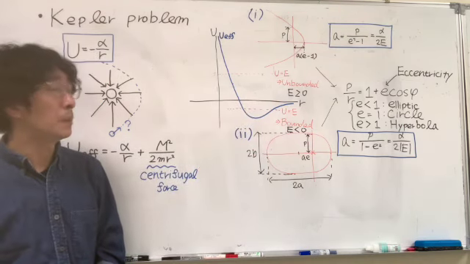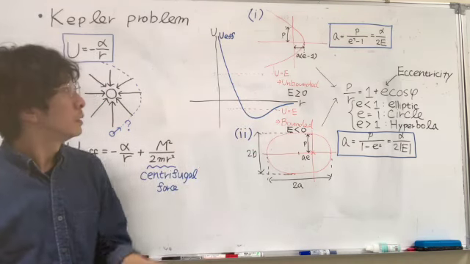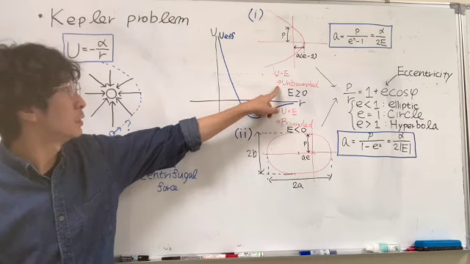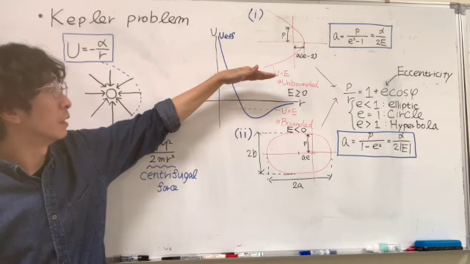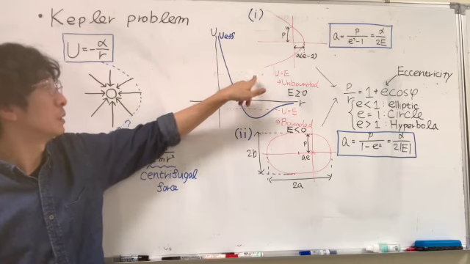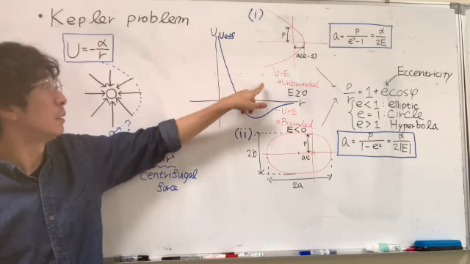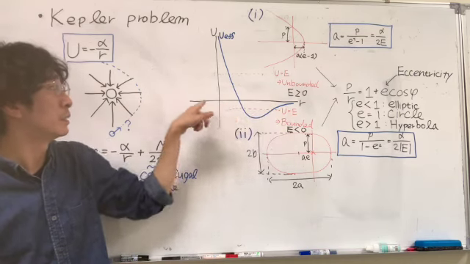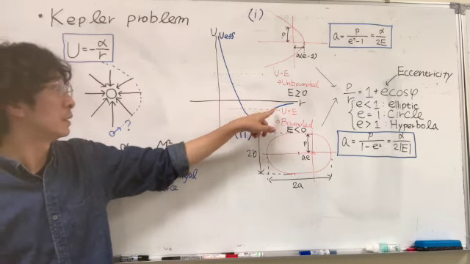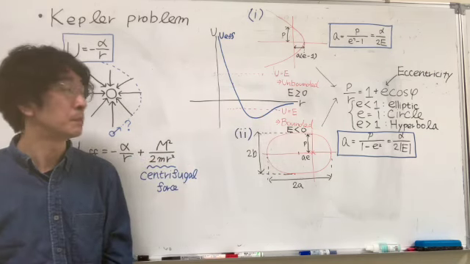Then we can separate two types of solution. One is the unbounded solution: if the given energy is larger than 0, the solution is unbounded. But if we give energy less than 0, the solution is bounded.